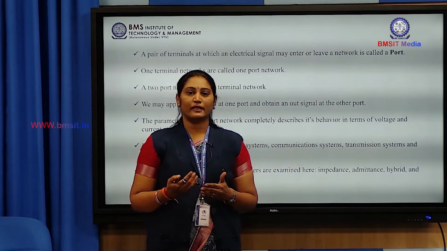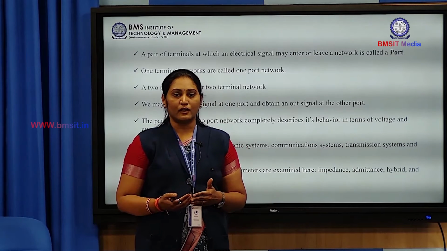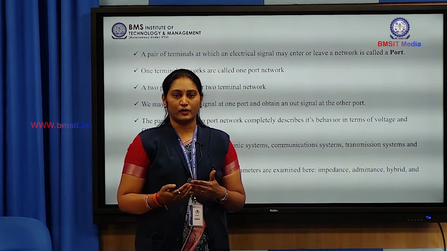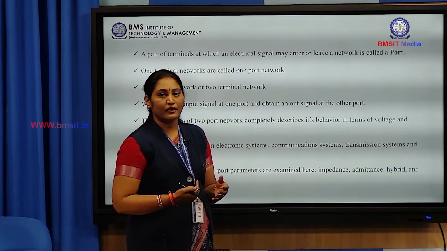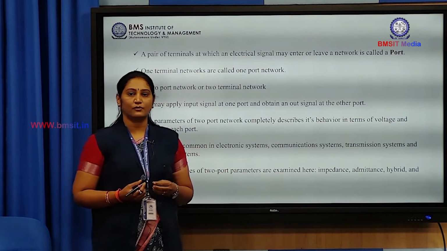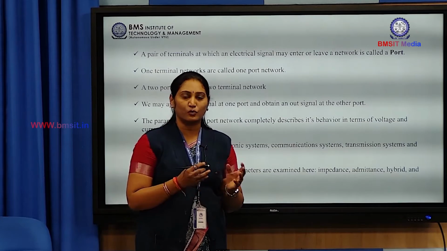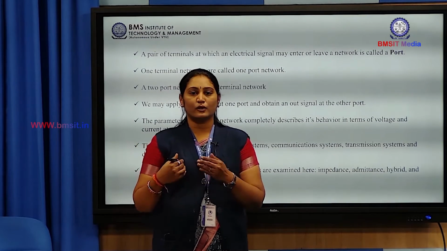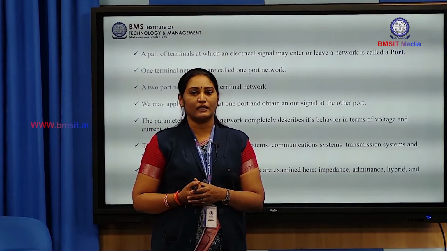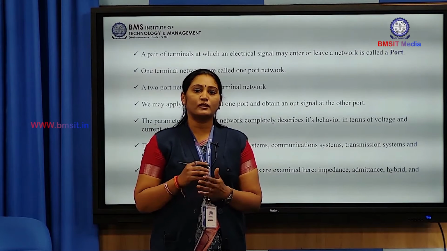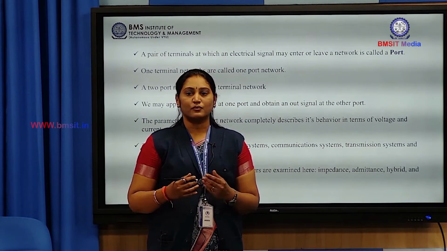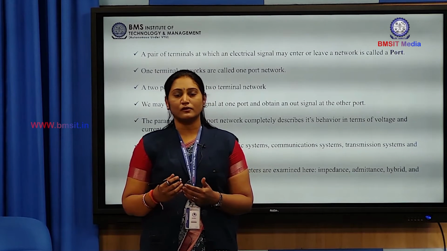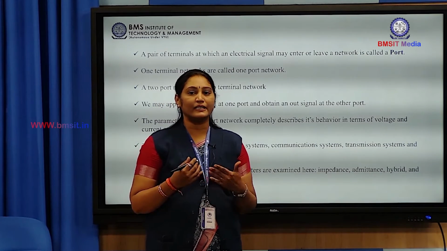I am going to explain the two-port network and its behavior in this lecture. For this two-port network we may apply an input signal at one port and obtain an output signal from the other port. The two-port network is completely described by its behavior in terms of the voltage and the current at each port.